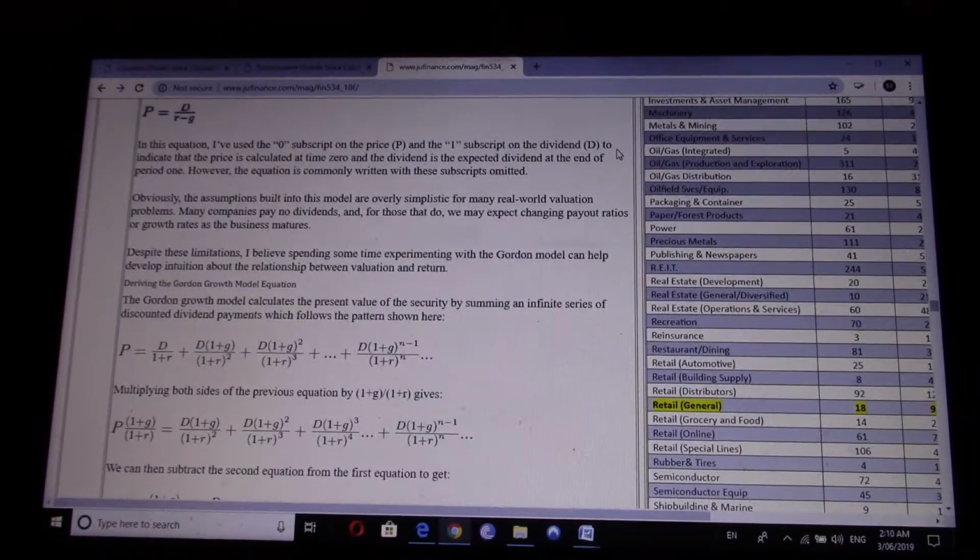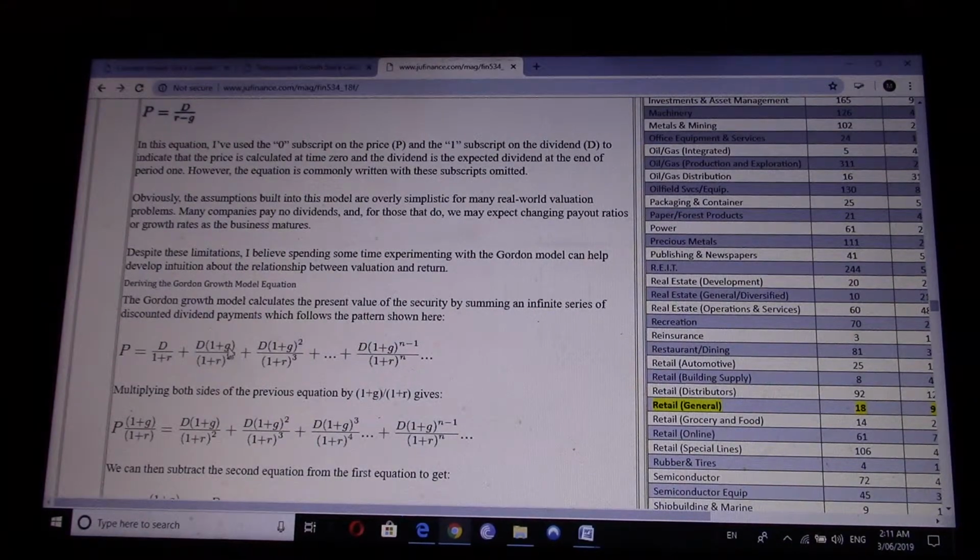Each year's dividend will be increasing at the constant rate of G. If we also know the discount rate, or the stock return based on how risky it is, we can calculate the stock price, because the dividends and discount rate are known. So we discount the dividend to figure out the stock price.